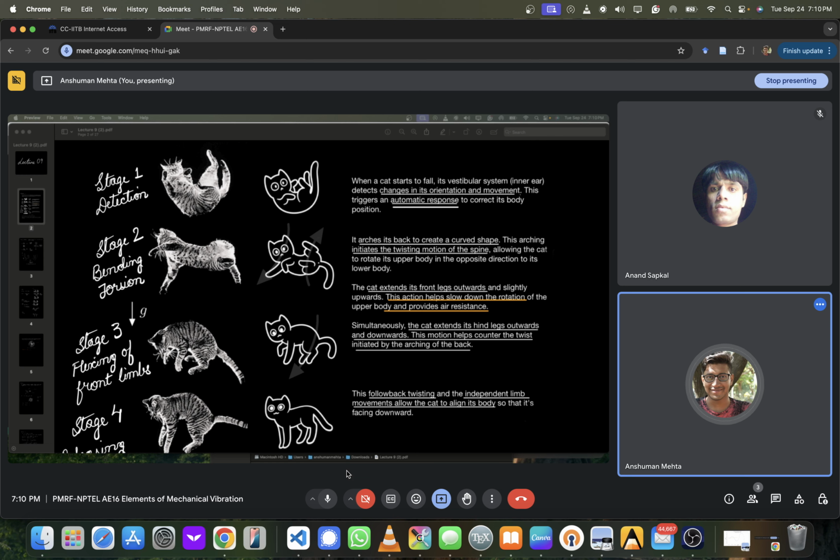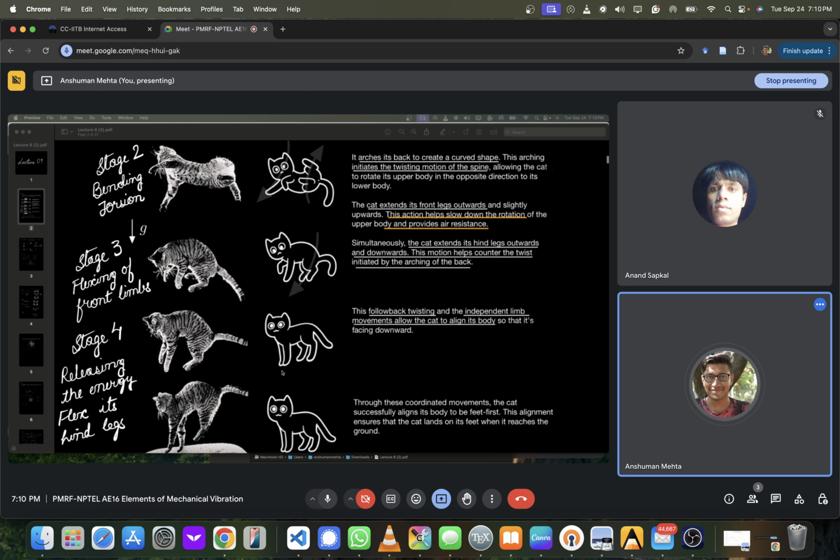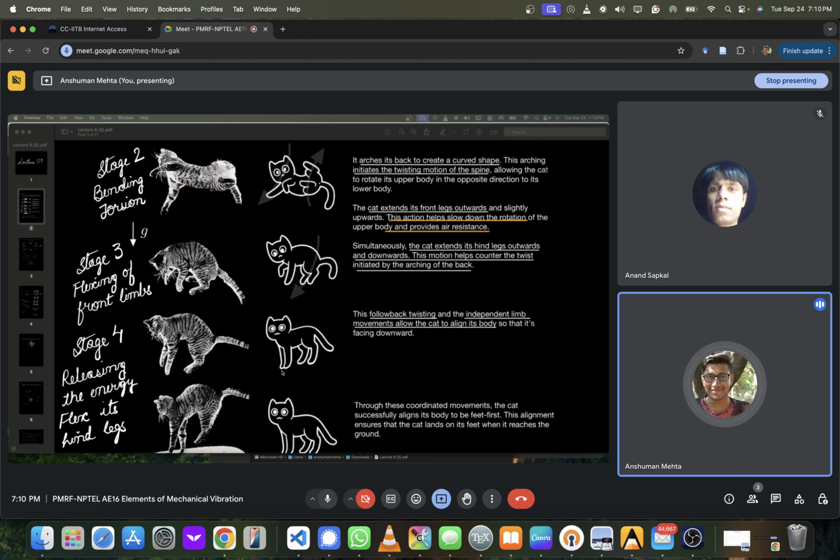So what are the steps? It flexes its hind legs. Due to that, there is a follow-back twist or bending, and then all the limbs are now in the downward direction, and the cat is now ready to land, just like our Chandrayaan 3.